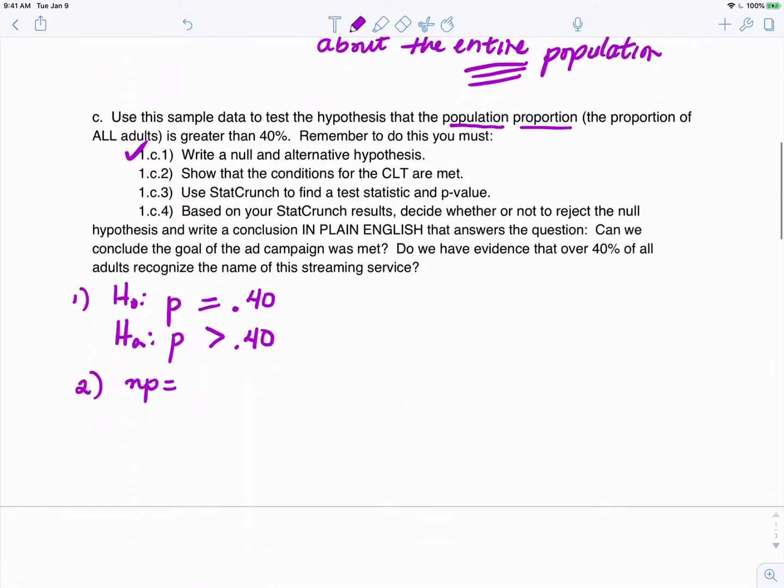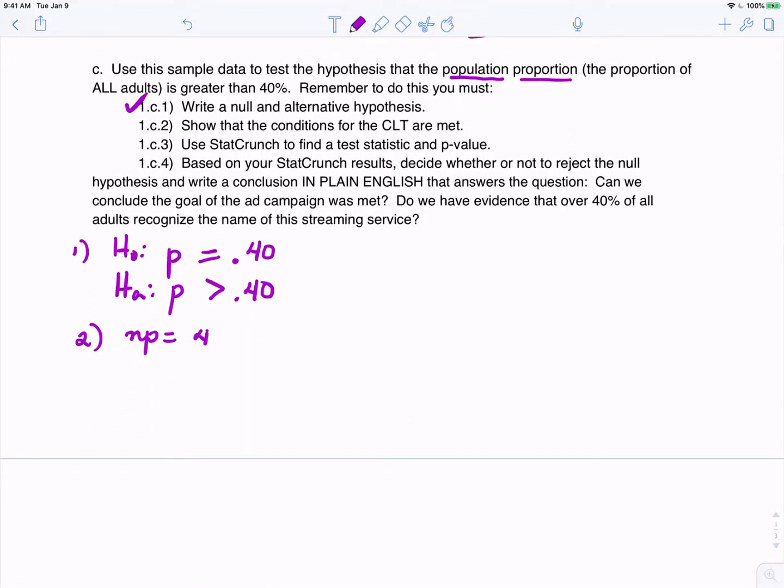So you have to show that n times p, 420 times 0.40, and n times 1 minus p, 420 times 0.60, you have to show that these are both greater than 10. If either of those is not greater than 10, then we would have to stop. We wouldn't be able to make a conclusion about the population based on this sample because the sample would have been too small. But in this case, these are both greater than 10, which means we can go ahead and continue.